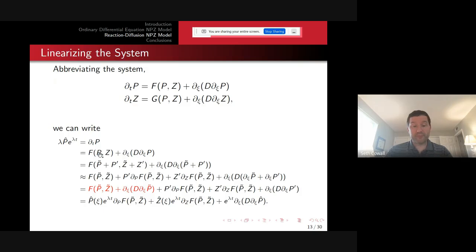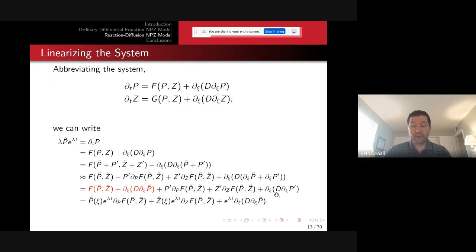From the previous slide, P is just going to be P tilde plus P prime, and then we do a Taylor expansion. And then once we do that, with some algebra and rearranging terms, part of this equation just becomes the left-hand side of the equation with the equilibrium plugged in, so that part will vanish. And then what's left is this part here in the black.